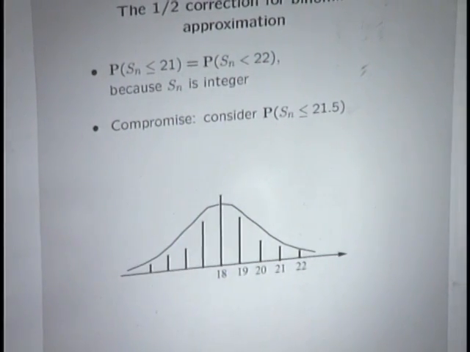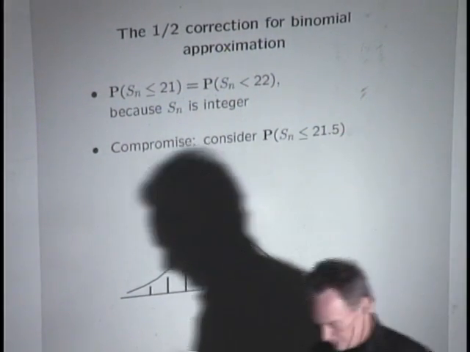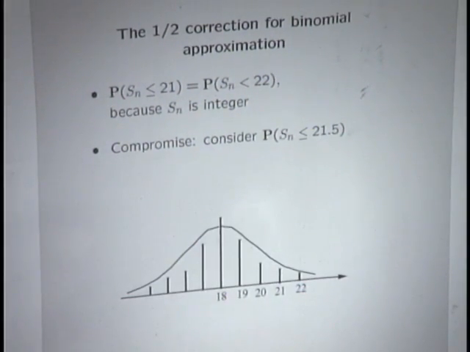Using the central limit theorem is basically pretending that Sn is normal with the right mean and variance. So pretending that Zn, which has 0 mean and unit variance, we approximate it with Z that has 0 mean and unit variance.